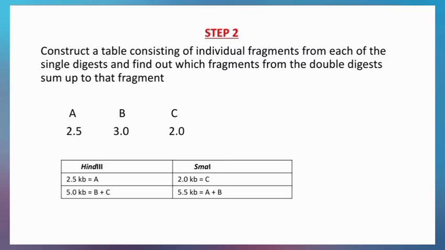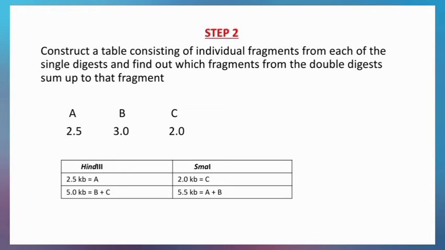So this means that our 2.5 is equal to letter A. But in the case of the 5.0 kilobase fragment, we didn't generate that fragment from the double digestion, but we can sum up some of the fragments from the double digestion to generate it. From the double digestion, we have the 3.0 fragment and the 2.0 fragment. When you combine 3 and 2, you get 5. So the 5.0 kilobase fragment is equal to B plus C.